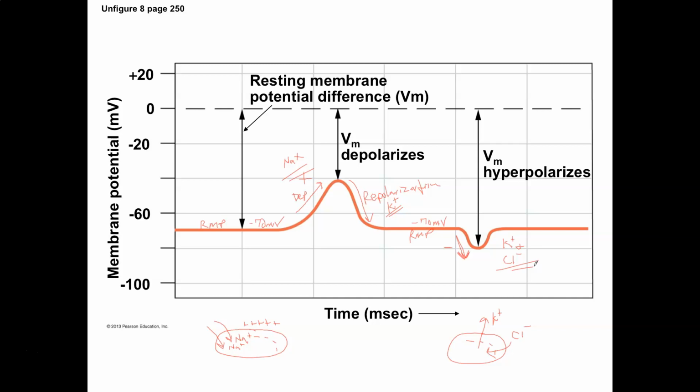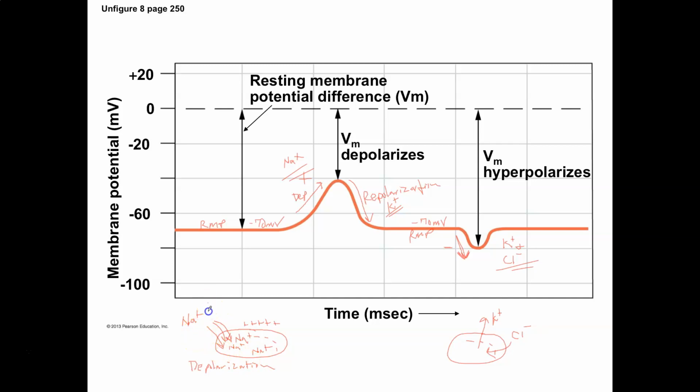Now, it's important to note that when you change the membrane potential, it doesn't mean you're changing the concentration gradients. So just because a particular ion, sodium, is high concentration outside, low concentration inside, just because we allow some sodium to come into the cell, creating a depolarization, that doesn't mean that the concentrations have suddenly reversed.